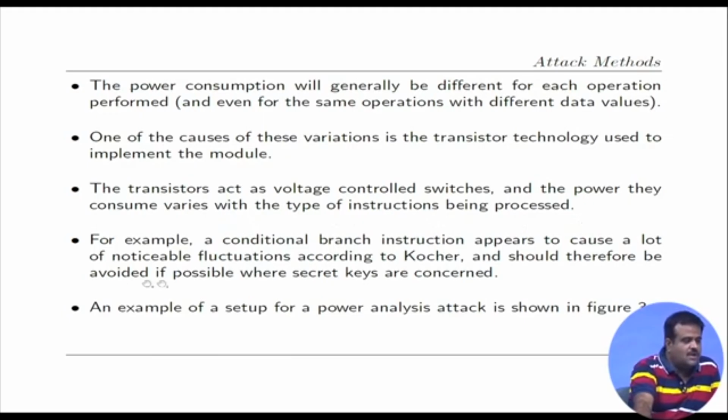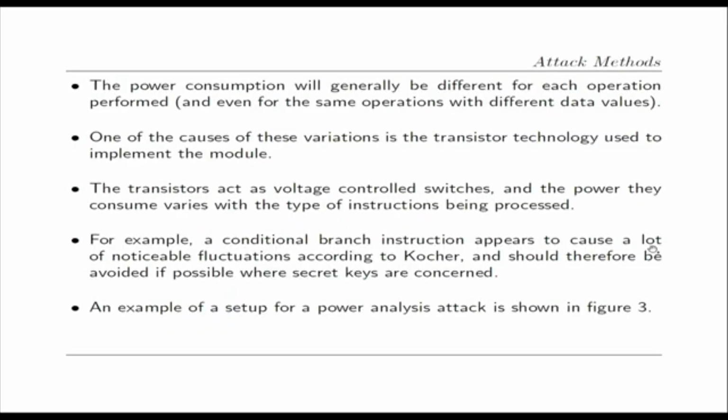For example, a conditional branch instruction appears to cause a lot of noticeable fluctuation, according to Kocher. If the algorithm we are implementing, maybe some encryption algorithm, has a conditional branch, then there will be a lot of noticeable fluctuation in the power.